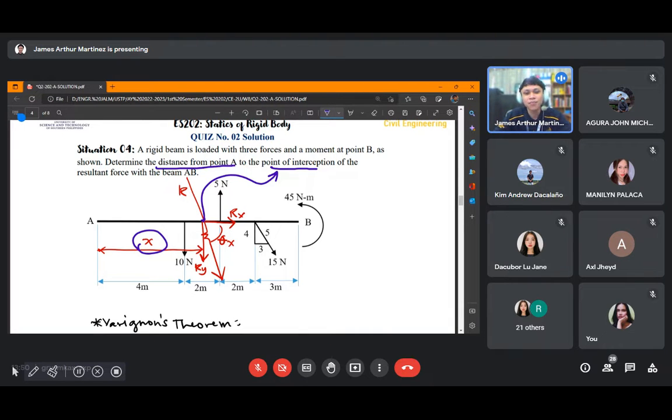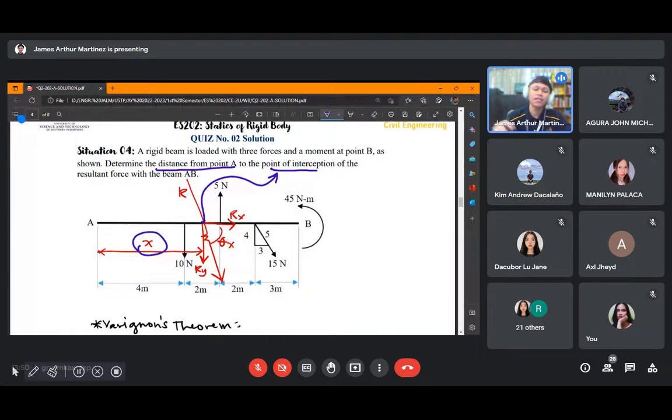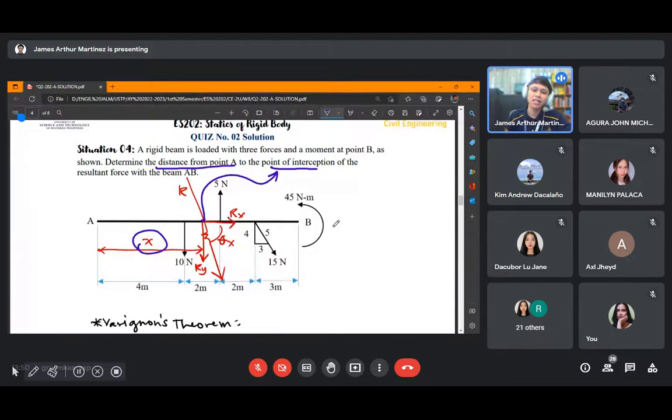So now how do we find this distance x? Of course, we'll just have to apply Varignon's theorem. Don't forget Varignon's theorem, class. It is an important principle in engineering mechanics.